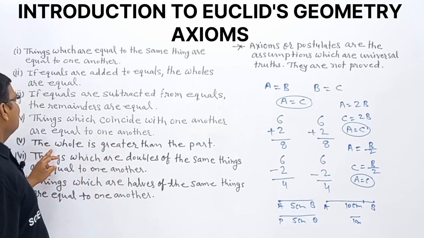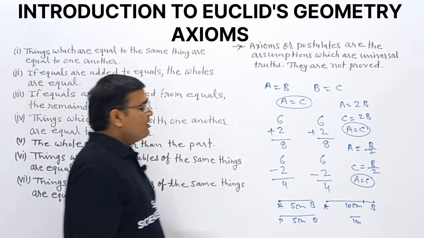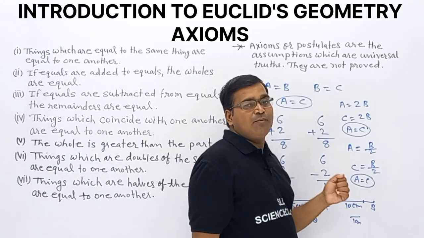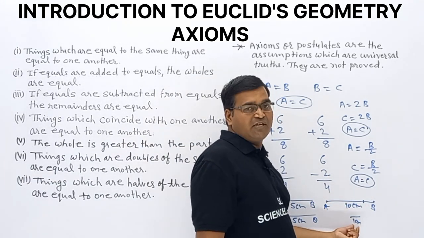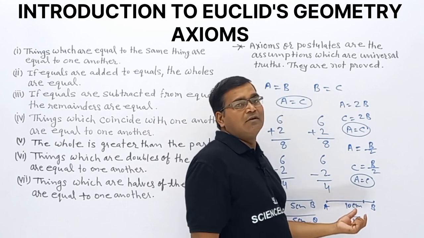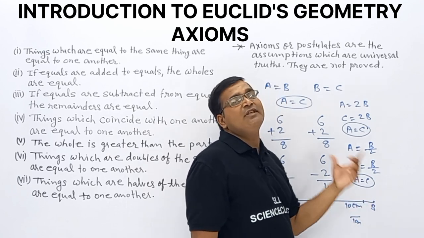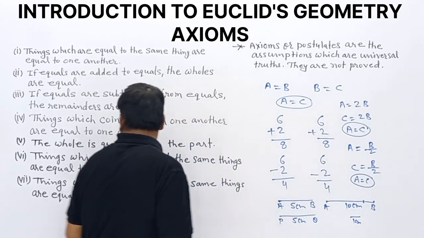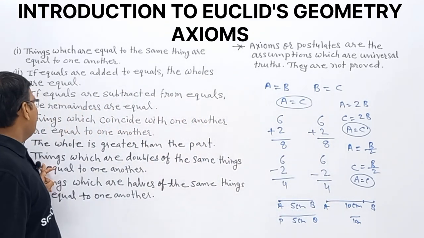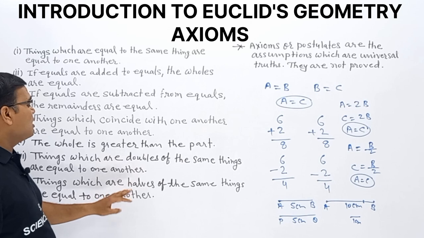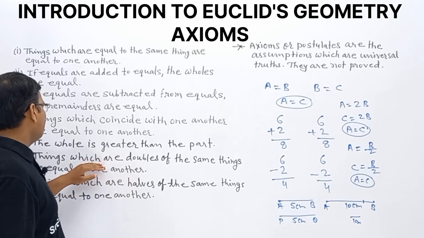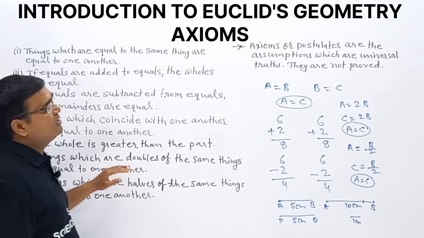Next one, the whole is greater than the part. One line we are having 10 centimeters, its one part 1 centimeter. It means the whole is always greater than a part. Clear? Now next one, things which are doubles or halves. In the sixth one, we are doing doubles of things.